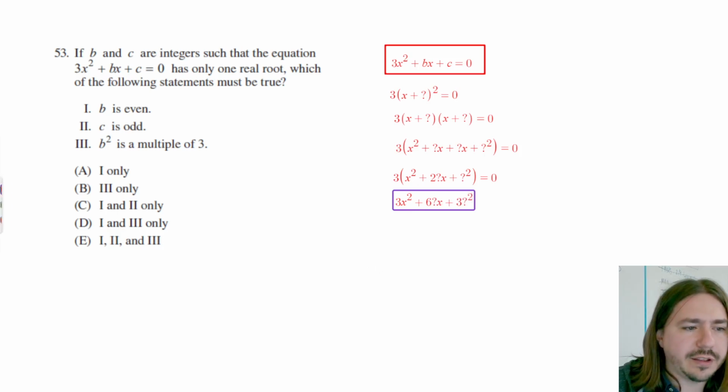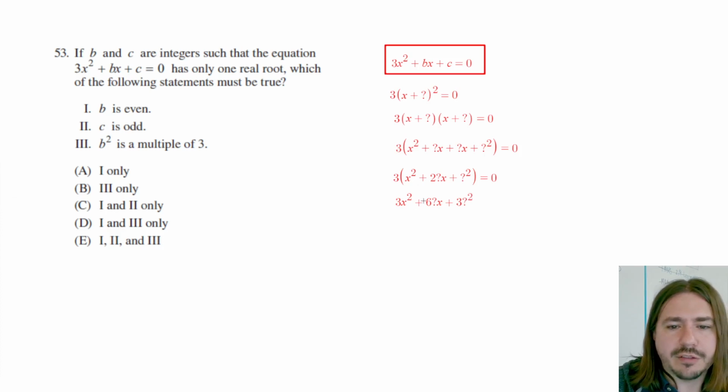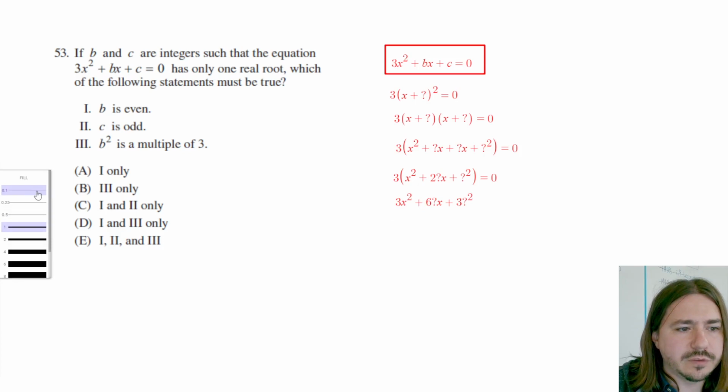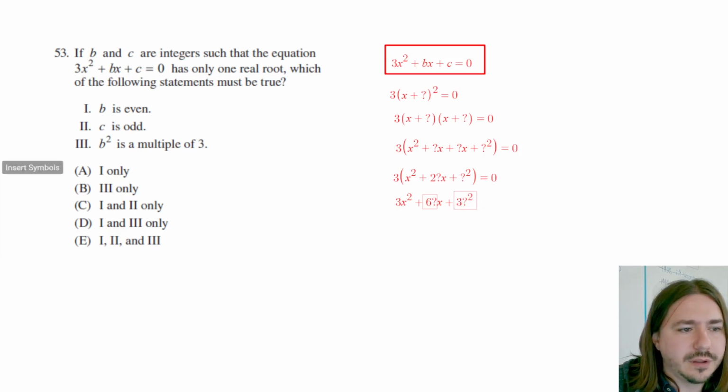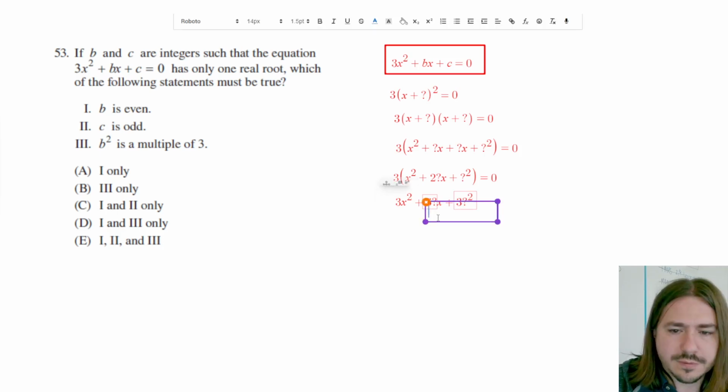Okay, so I've got basically my a is 3, my b is right there, that's 6 times the question mark, that's going to be b. 3 times the question mark squared, this is going to be my c. So this is b, and this is c.